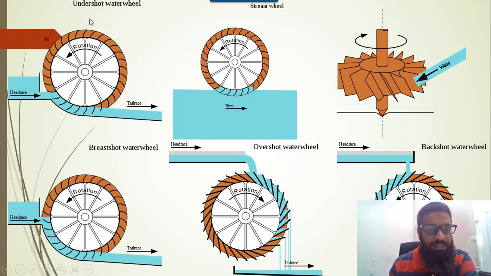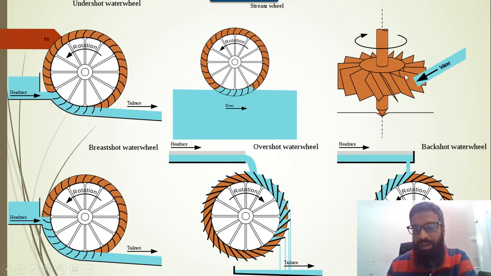While the water wheels are different kinds of structures. This is the undershoot water wheel, where the wheel is on the upside and the water is under the wheel, and due to the pressure or the flow of the water, the wheel starts rotating. Similarly, this structure is called a stream wheel, where water is continuously flowing at a down level, and due to the flow of the water, it starts rotating.